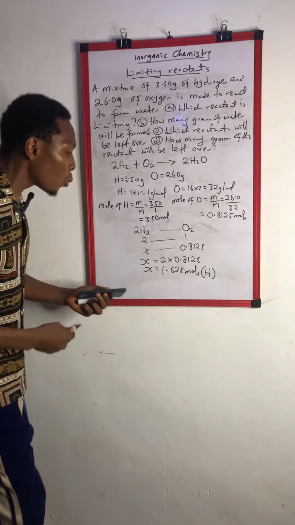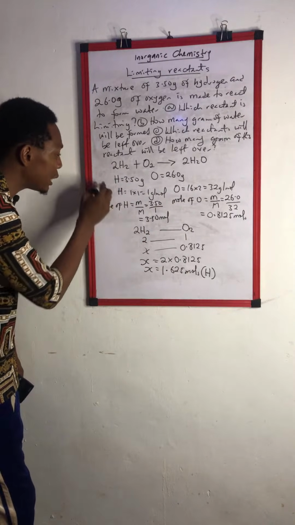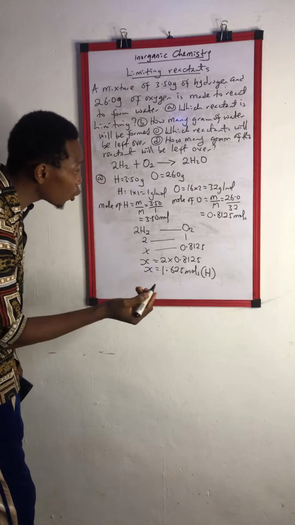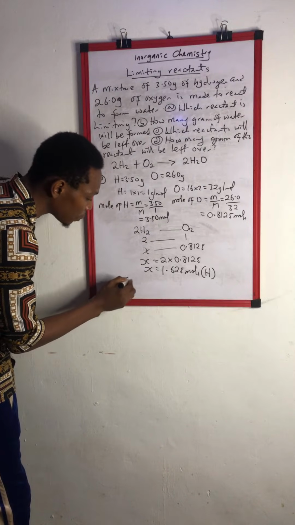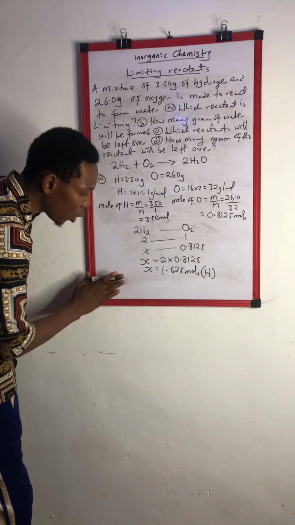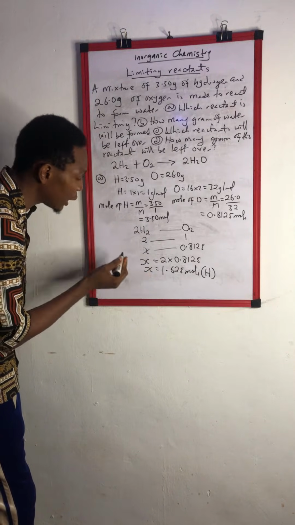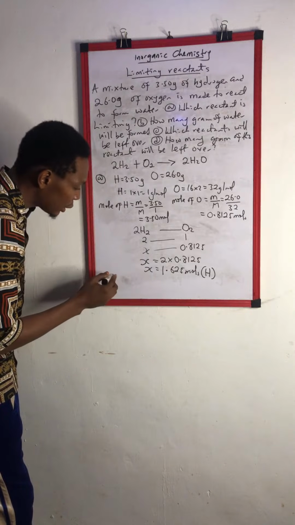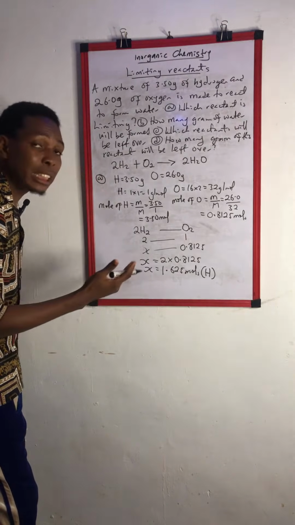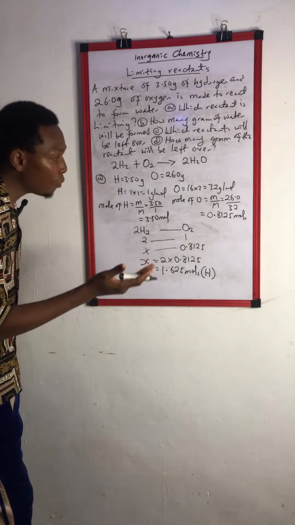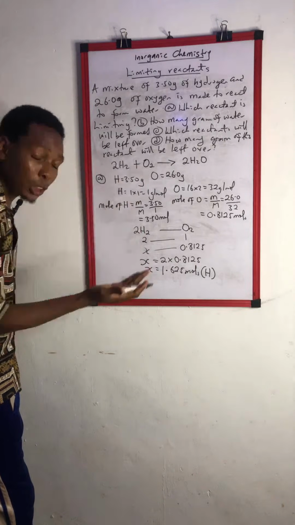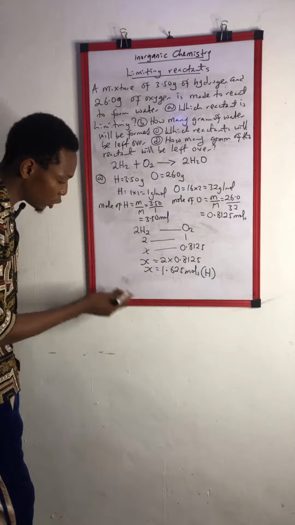So with that, according to number, we are still dealing with the A part. So you can now conclude, or you can put it in a statement, that since there was enough hydrogen needed to react with oxygen, therefore oxygen is the limiting reagent.